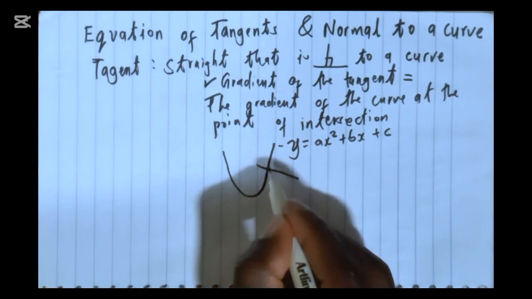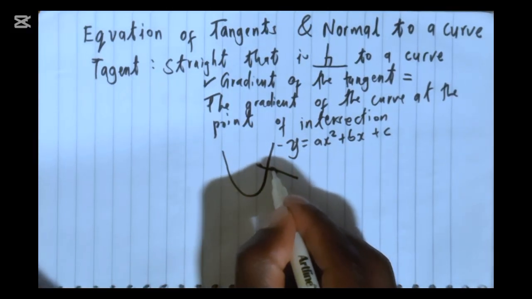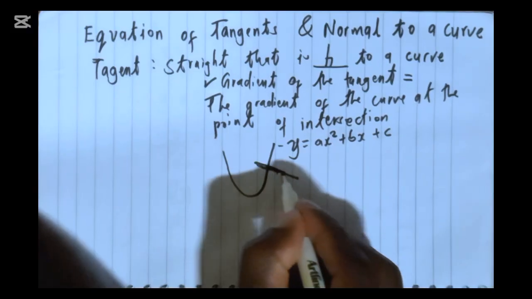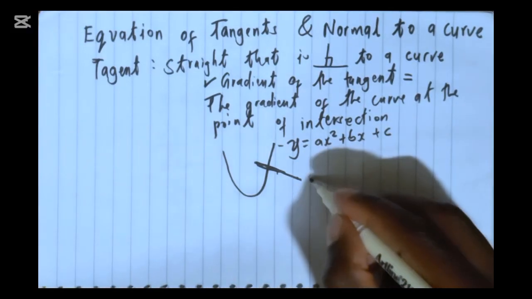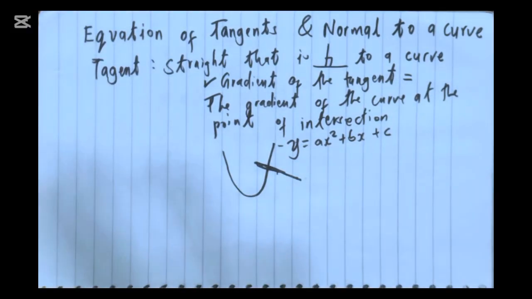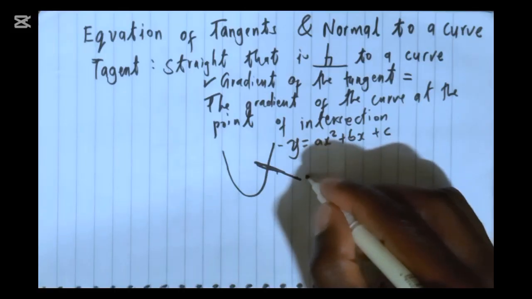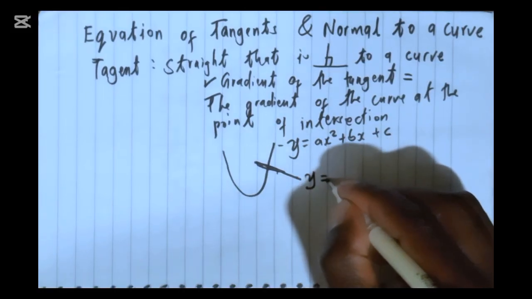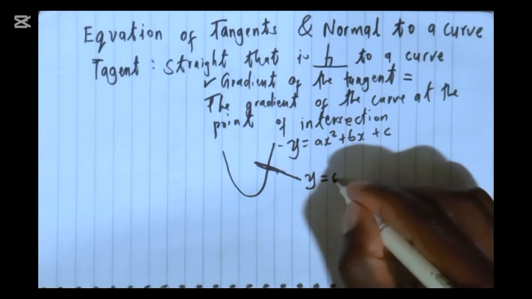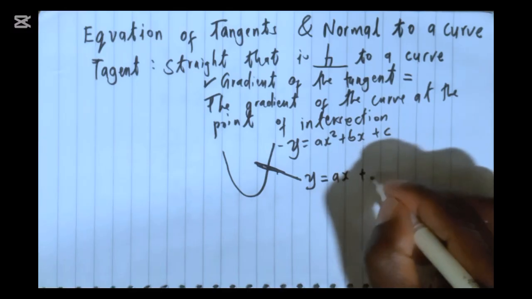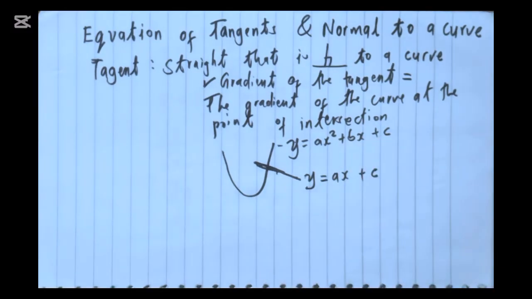Let's have this line cutting across this point here. We give the equation of this line as y equals ax plus c, the equation of a straight line basically.